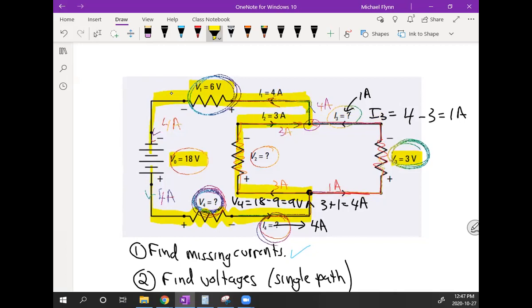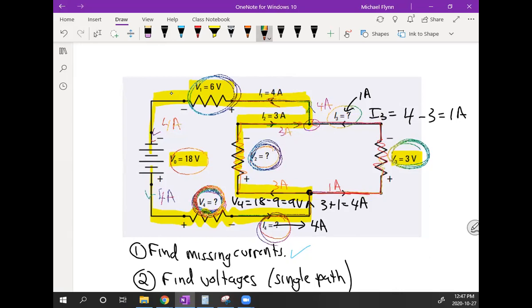So now taking that second path, can I find the missing voltage, which is now this voltage right here? And the answer is for sure, because I already know that V4 is 9 volts. So if I follow the path, I first drop 9 volts there.